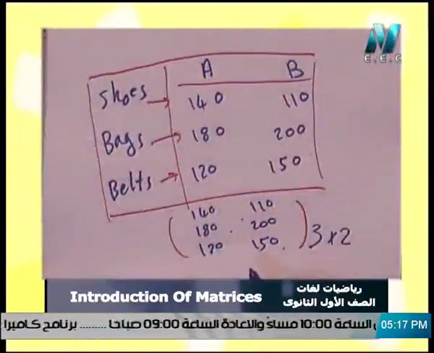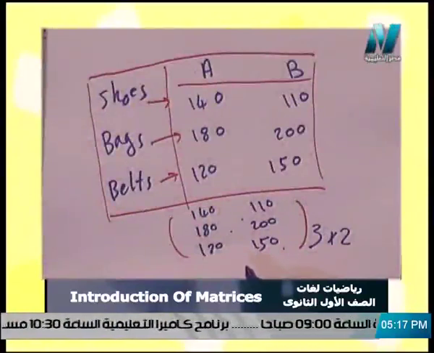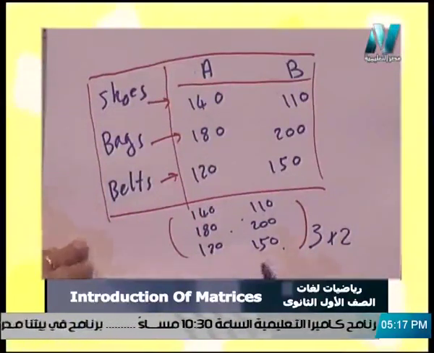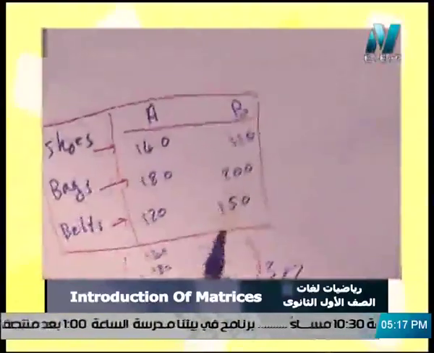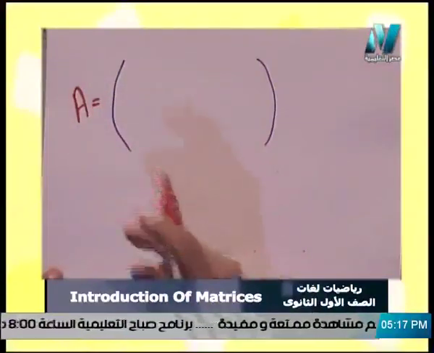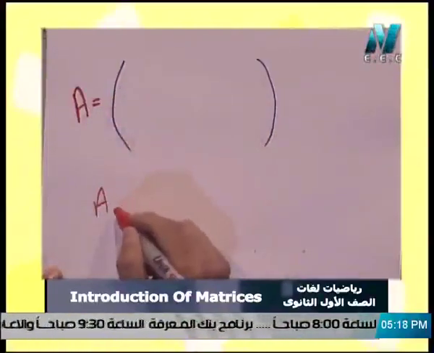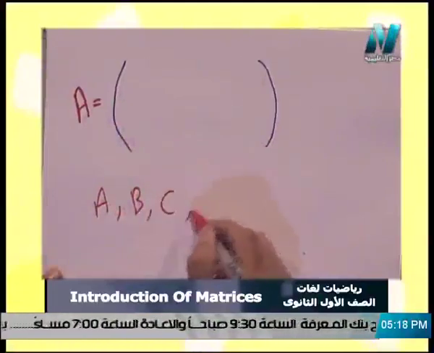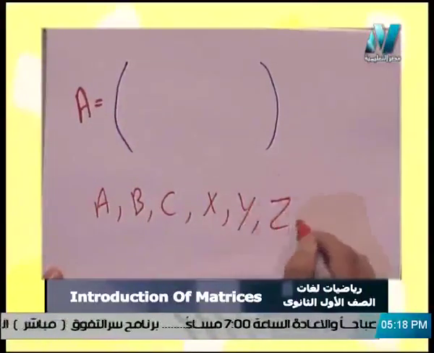Let's move to another example here, on how to express the elements of a matrix. If we have a matrix here and we have data inside it, if the matrix is capital A, by the way, we express the whole matrix by capital letters: A, B, C, X, Y, Z, and so on.